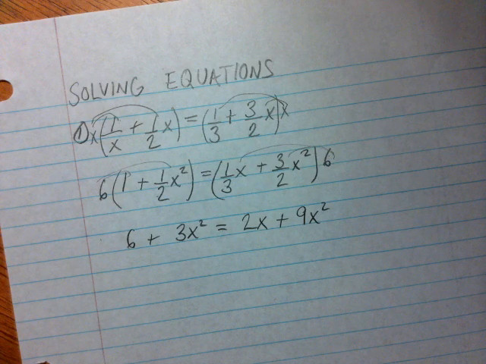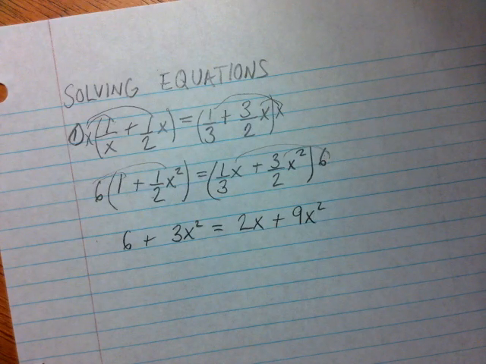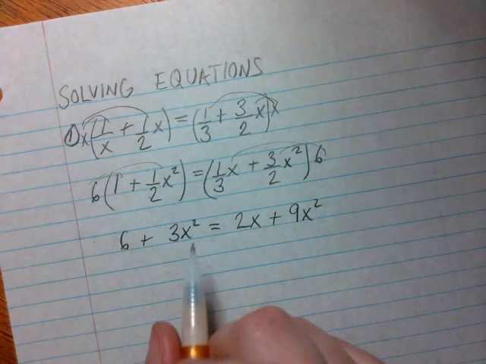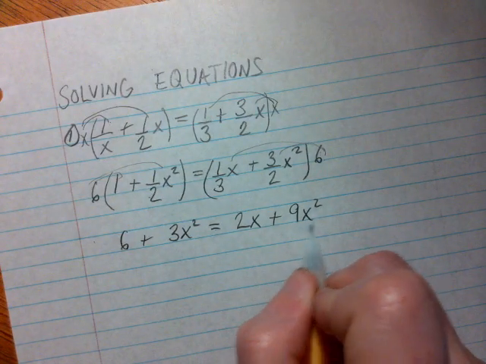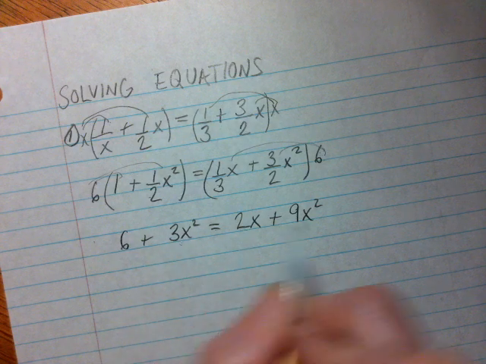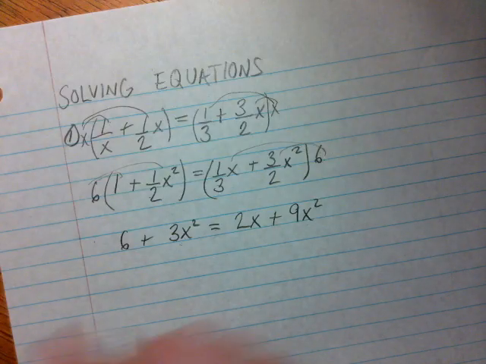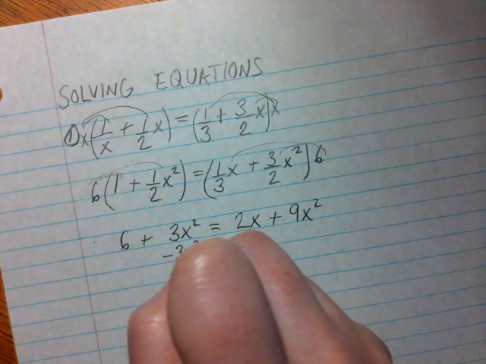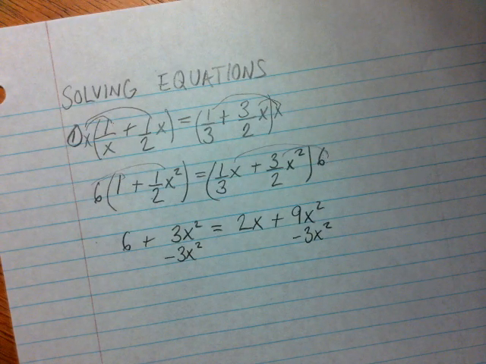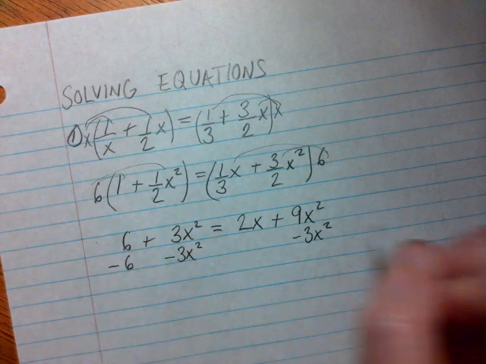I feel more comfortable. So I'm going to move everything to one side, so I get 0 on the other side. So I think the 9 here, if I subtract 3x squared, will leave me with a positive x squared. So I'm going to subtract 3x squared from both sides. And I'm also going to subtract 6 from each side.